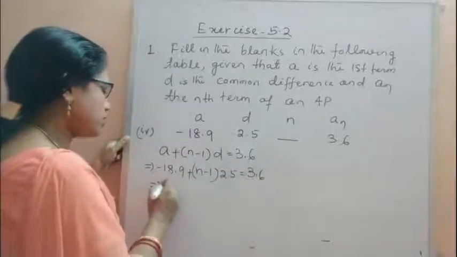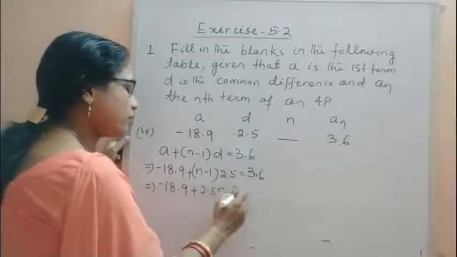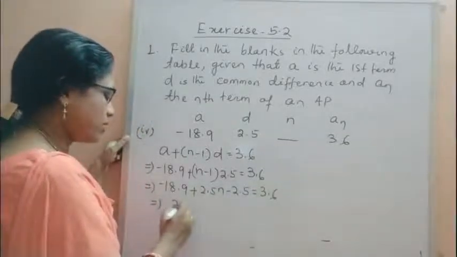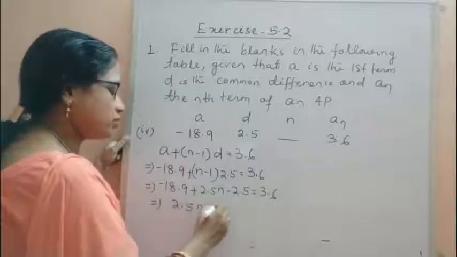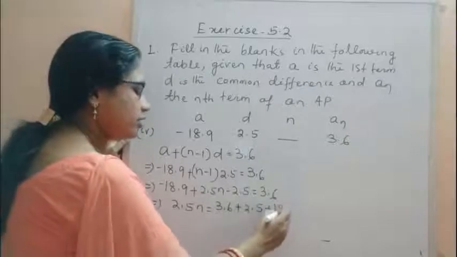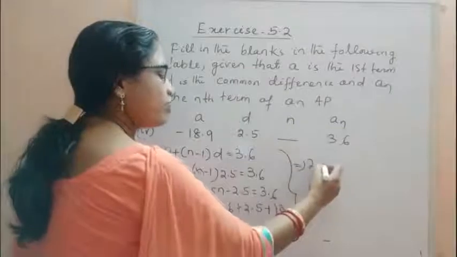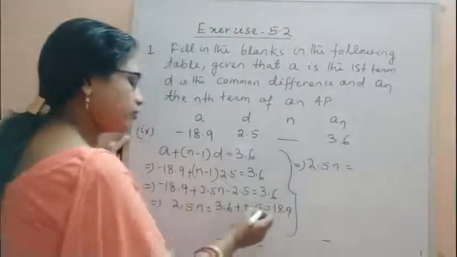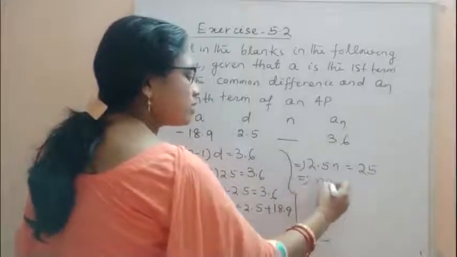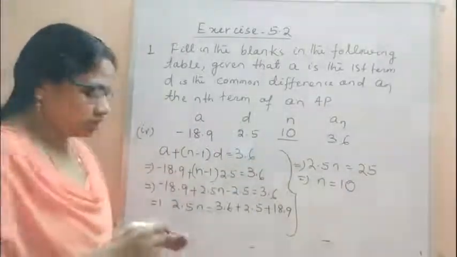So this implies minus 18.9 plus 2.5n minus 2.5 is equal to 3.6. So this implies 2.5n is equal to 3.6 plus 2.5 plus 18.9, so 2.5n is equal to 25. So this implies n is equal to 10. So here we got n is equal to 10.